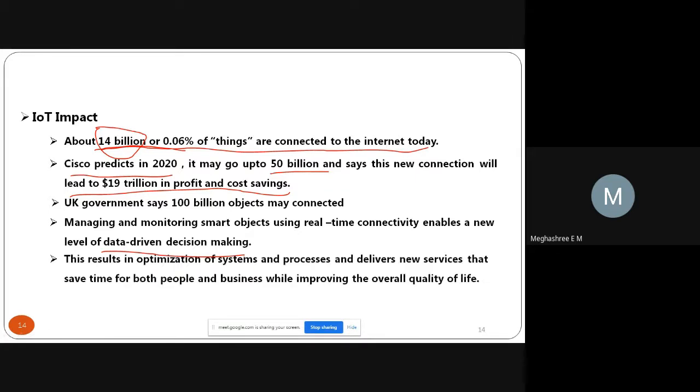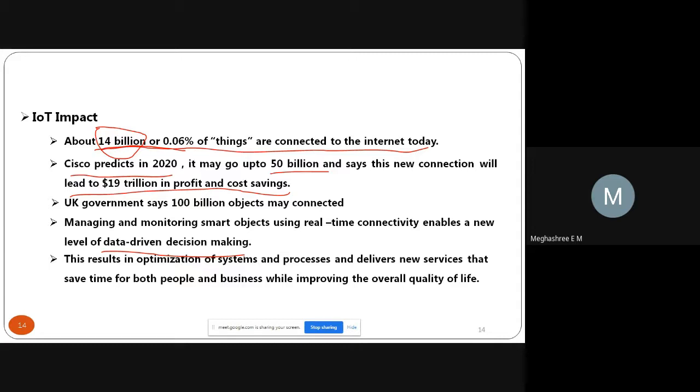And this IoT altogether may improve our overall quality of life. See, if you use home automation, everything will be automatically monitored, right? So you need not worry about whether you have switched off the fan, the geyser, or the television.